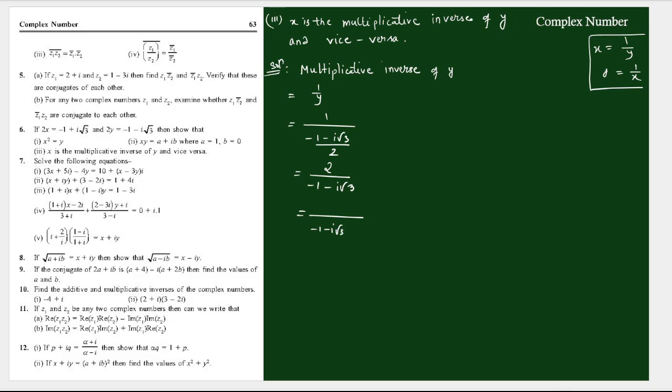If it is minus, then we need to multiply with the plus. So minus 1 square, then i root 3 whole square.